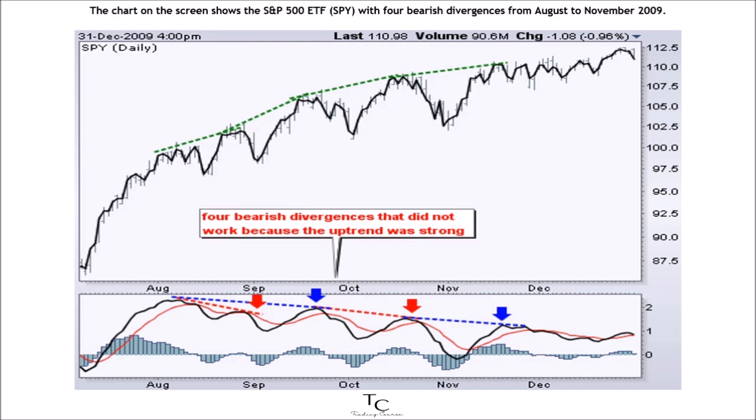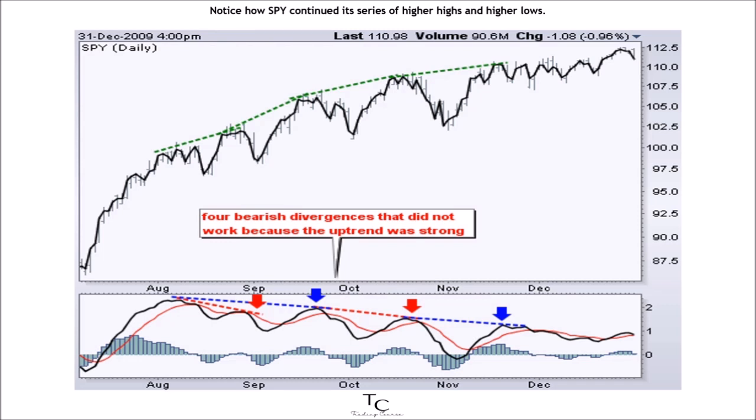The chart on the screen shows the S&P 500 ETF with 4 bearish divergences from August to November 2009. Despite less upside momentum, the ETF continued higher because the uptrend was strong.